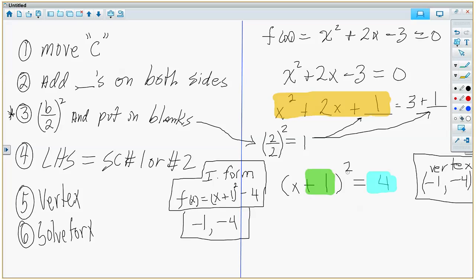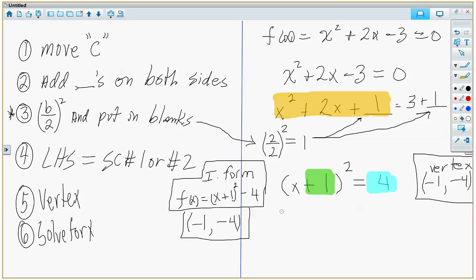This form, you're solving: you take the opposite of both. If it tells you to put it in intercept form, you put f of x in front of it, bring over the 4, then you take the opposite of the 1 and bring the negative 4 down. I just tell students to do it this way, but you have to know this for some of the homework and test questions.